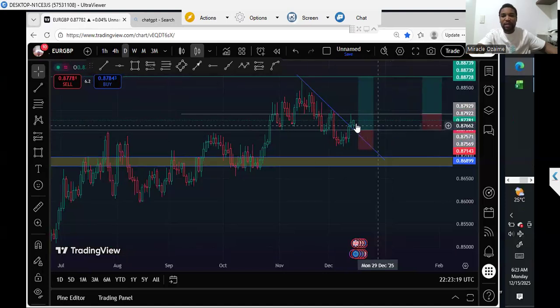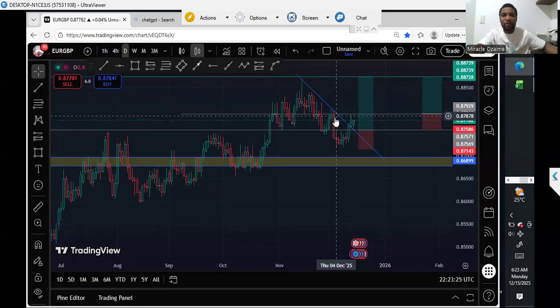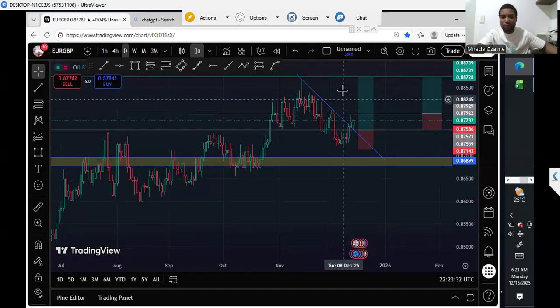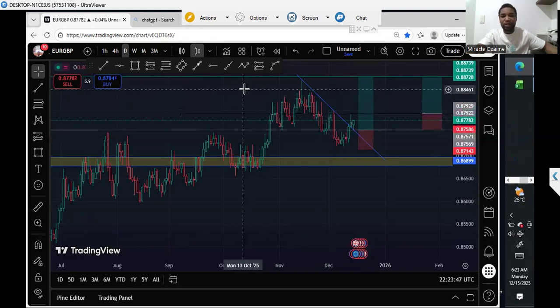So if the market has stalled around this place to form a base around this area, I'm not sure we're going to see a push up, then a push backward. It's just going to continue upwards. That's my thought. If the market stalls around this place and gives several candles around this region, then I'm going to be considering this is already a double top. But unlike other pairs, Euro GDP will just break and continue to go up.